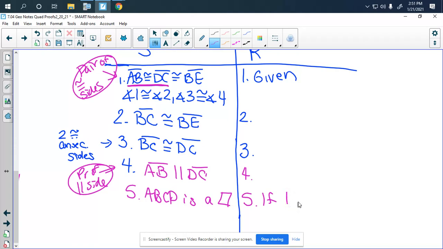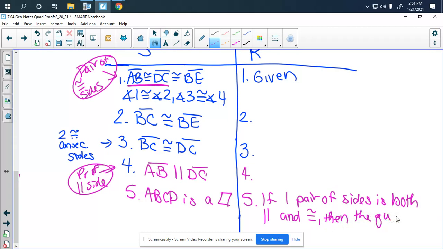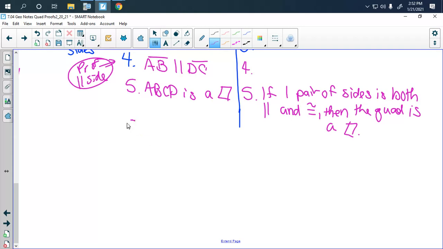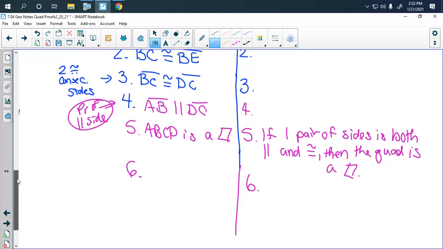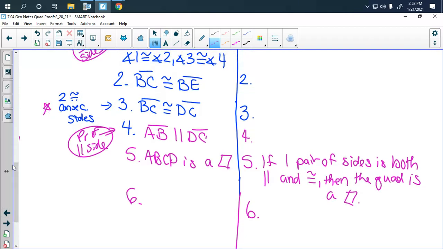Because if one pair of sides is both parallel and congruent, so it has to be the same pair of sides, then the quad is a parallelogram. So now I've gotten this to be a parallelogram. I'm trying to get it to be a rhombus.